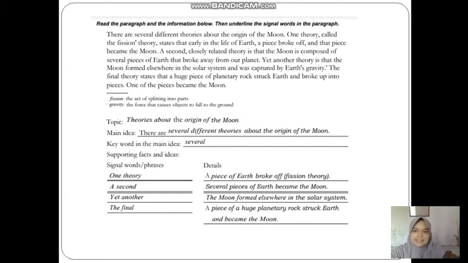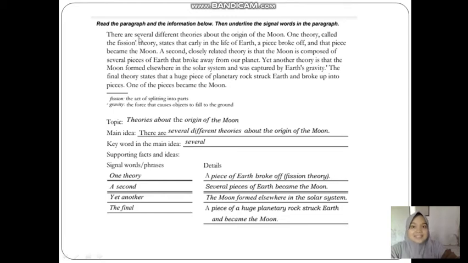Okay, let's move to the example. This is a paragraph. The topic is theories about the origin of the moon. The main idea is there are several different theories about the origin of the moon. We can identify this main idea.